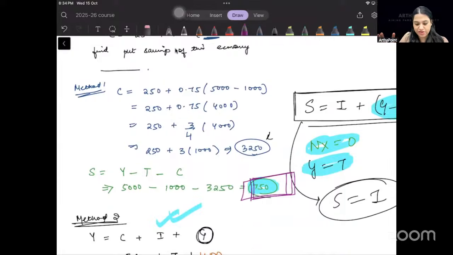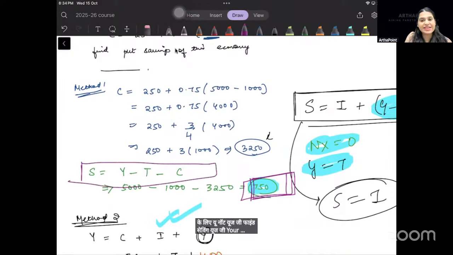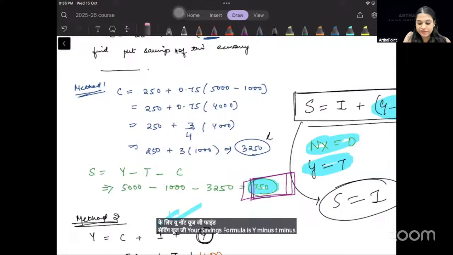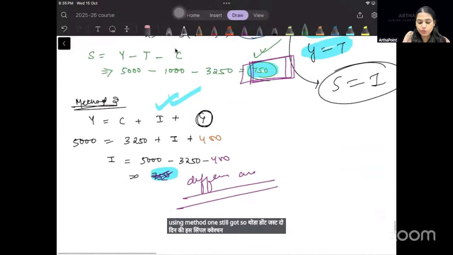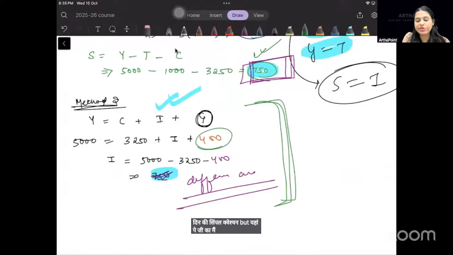To find savings, you have not used G. Your savings formula is Y minus T minus C. So you would have, using method 1, still got 750. सोचो थोड़ा. Don't just memorize things. Don't think it's a simple question. So what if you would have used this method, but यहाँ पे G का value 400 होता, 1000 नहीं होता? You would have got a different answer of savings using this method and this. And it would have been very confusing कि कौन सा method ठीक है.